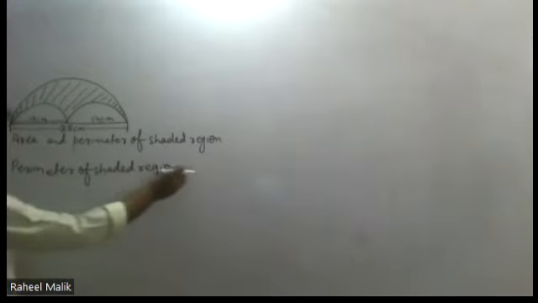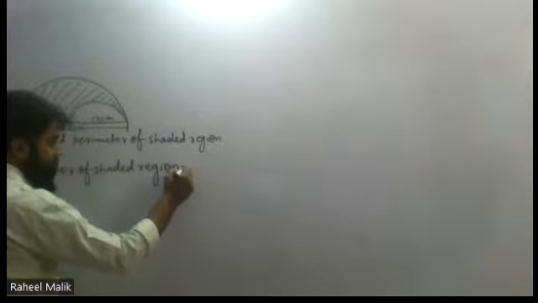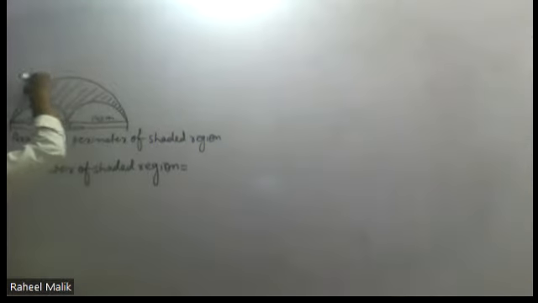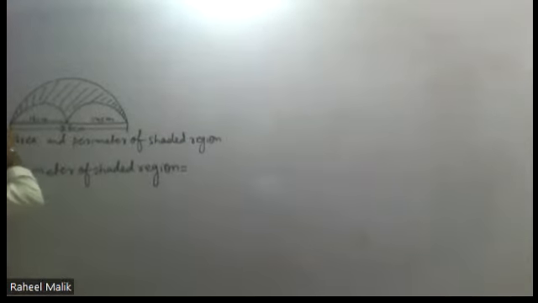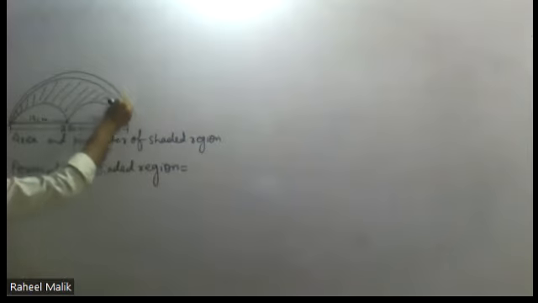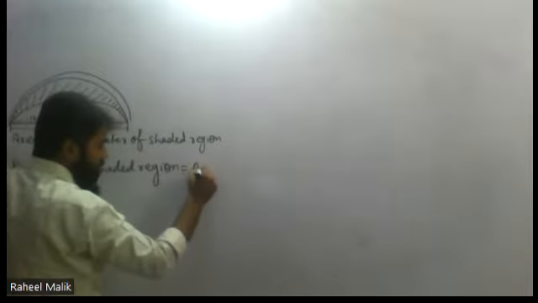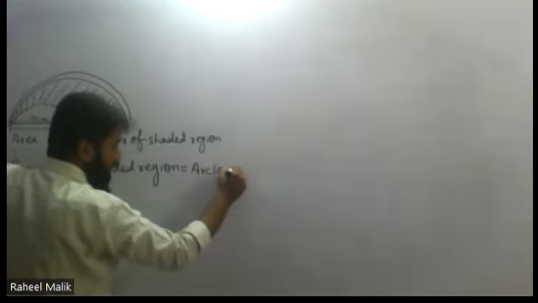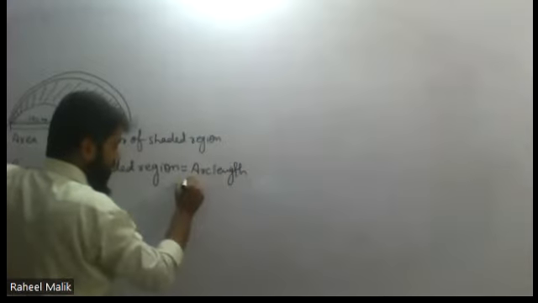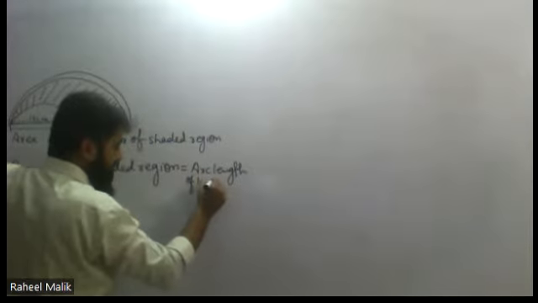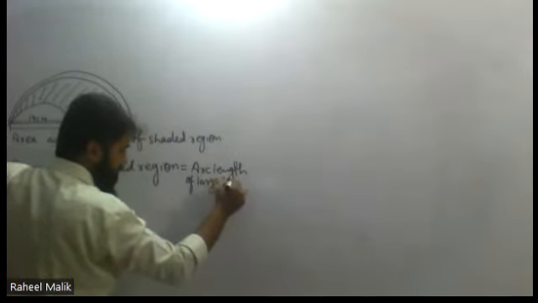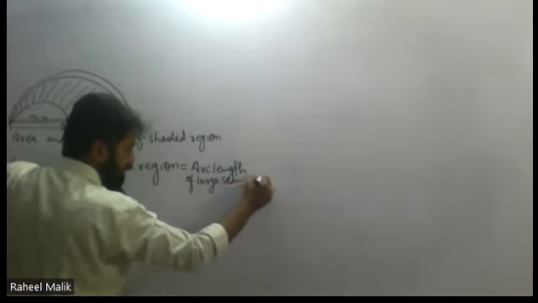So how will I write the perimeter over here? See, the first one, this part. I am starting from this point, going like this. This is the arc length of the large semicircle. I have reached this point.